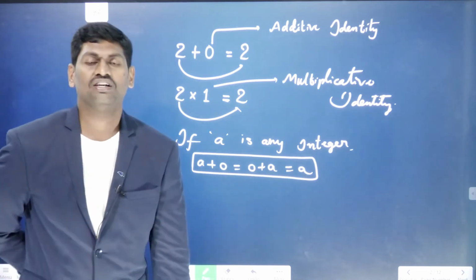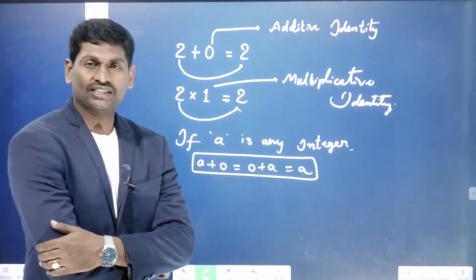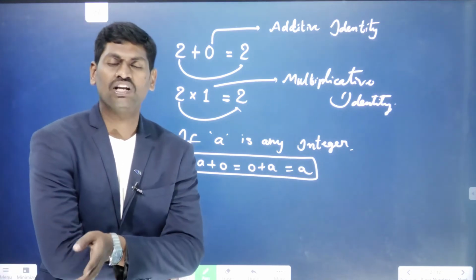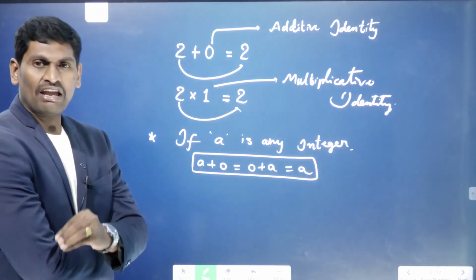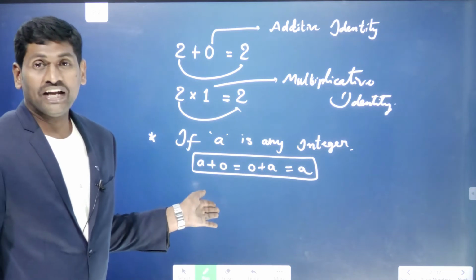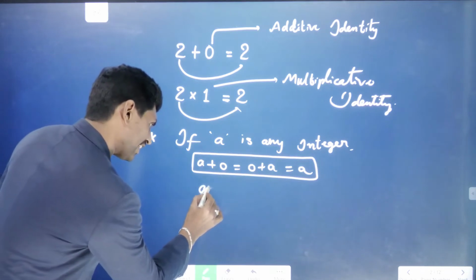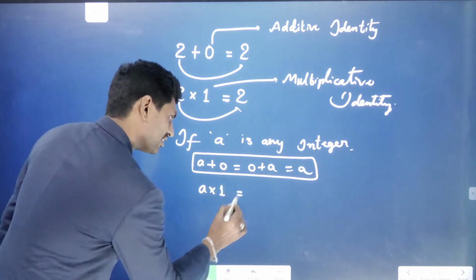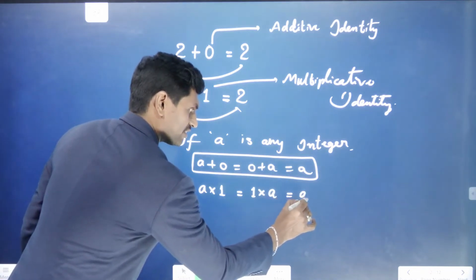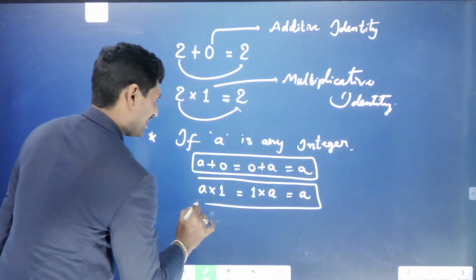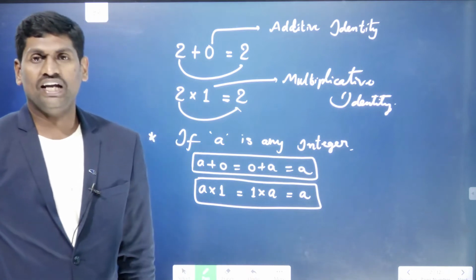Here 0 is called the additive identity. The additive identity never changes for any number system, whether integers, natural numbers, whole numbers, rational numbers or real numbers. It is always 0. In the same way, the multiplicative identity is always 1. So A into 1 equals 1 into A equals A.